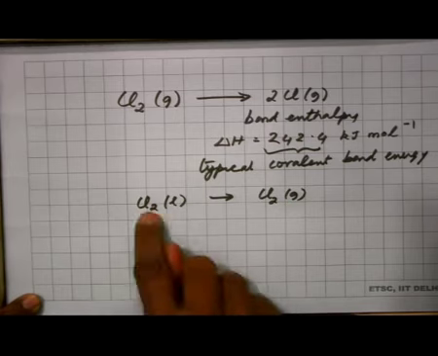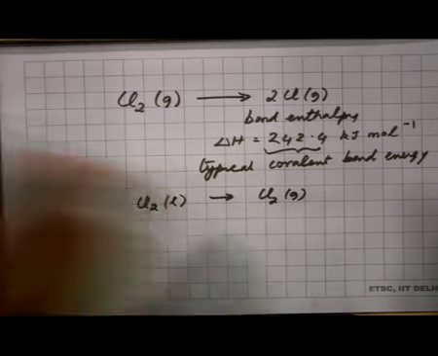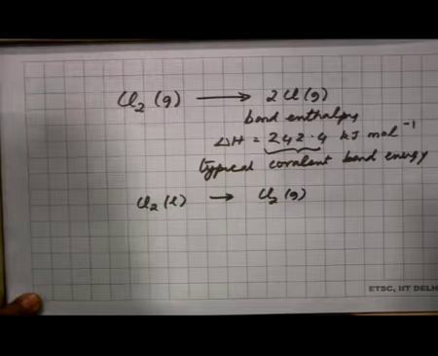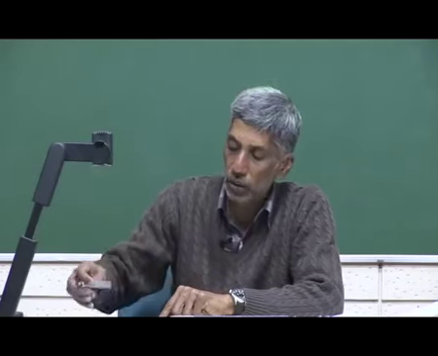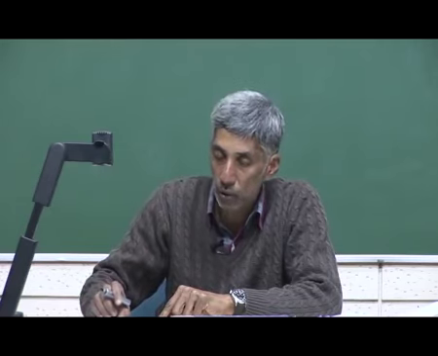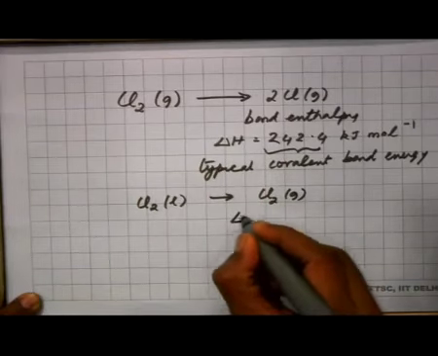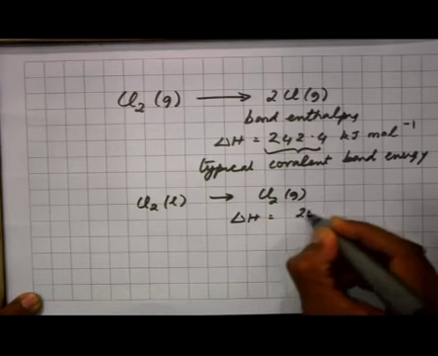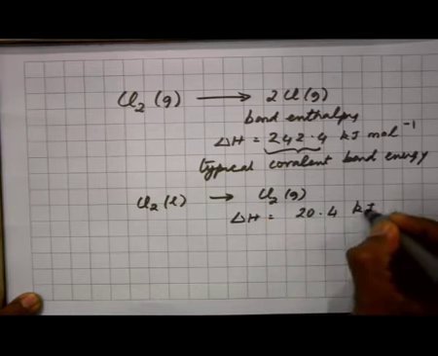So, the amount of energy that I need to provide for liquid chlorine to go to chlorine gas gives you an estimate of the intermolecular forces of attraction in liquid chlorine, and this happens to be 20.4 kilojoules per mole.